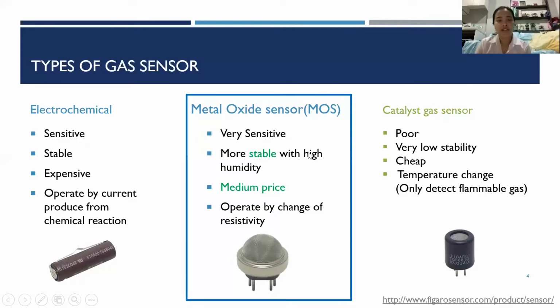But the metal oxide gas sensor also has a disadvantage because it has a wide range of gas that it can detect, or it can detect more than one type of gas. But I will discuss that later on.